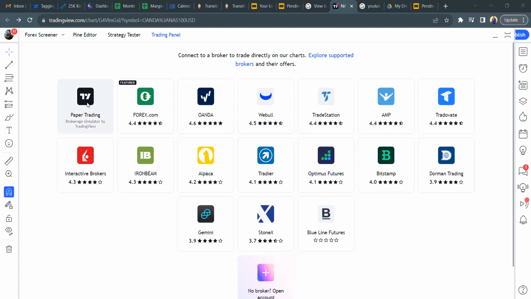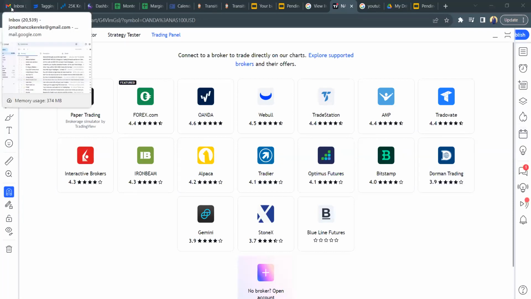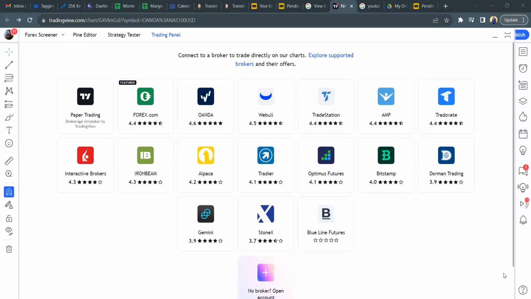And from here on TradingView, if you use any one of these specific brokers for your trading, then you could sign in via these brokers and execute these orders via TradingView. So that's pretty much it that I have on here for that.